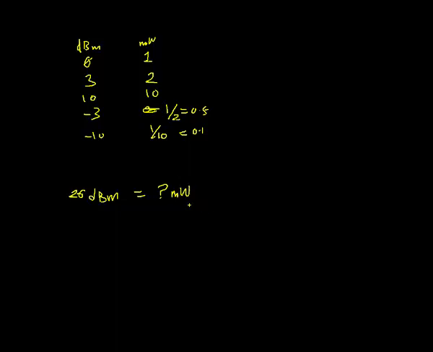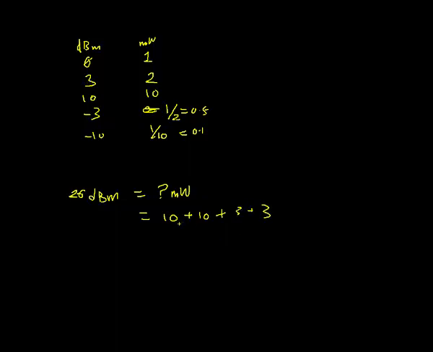The answer is, we can use the easiest way to do the calculation. Like right here, I know 26 dBm is a combination of the dB values from here. So 26 is a combination of 10 plus 10 plus 3 and 3.